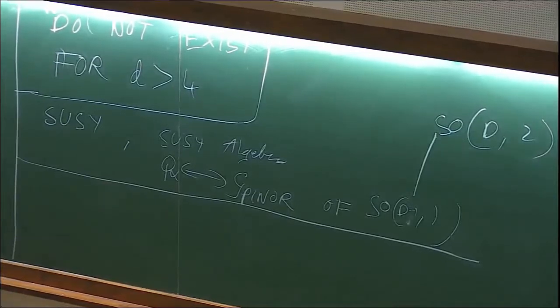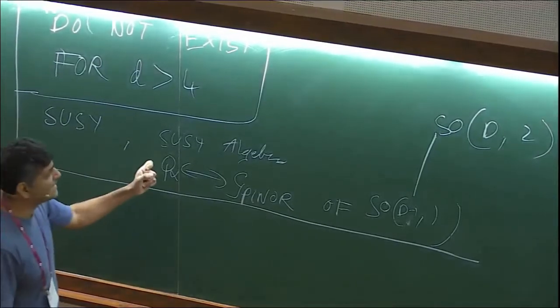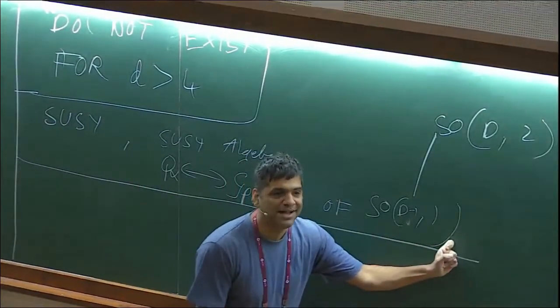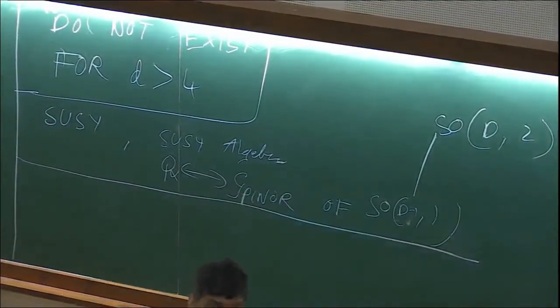Now, one of the really nice things about SO(d,2) is it takes the generators that were momenta in just the Lorentz group and incorporates them into the analytic continuation of the sign flip of a compact group.